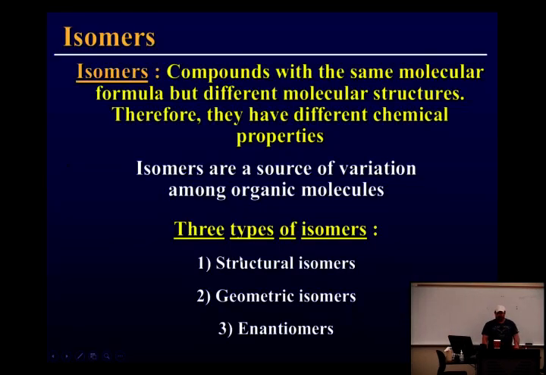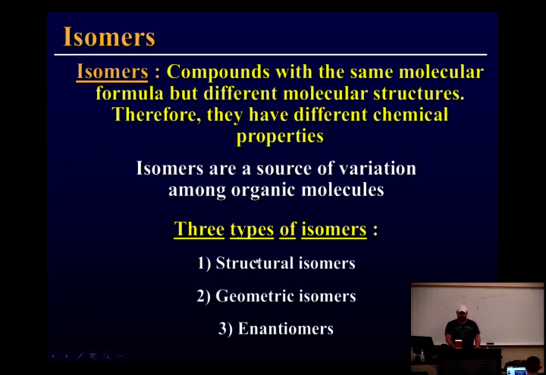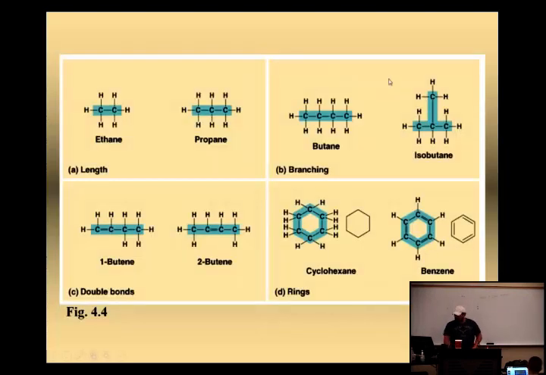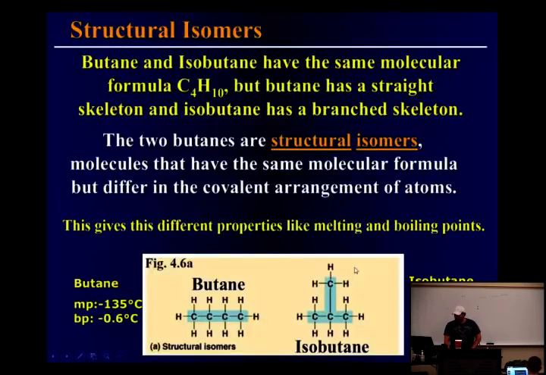So then this chapter talks about isomers. Remember, iso means same, meros means part. So isomers are basically structures that are made of the same atoms, the parts. There are 3 kinds: structural. This is a structural right here. Same parts, different shape. Then we have geometric.